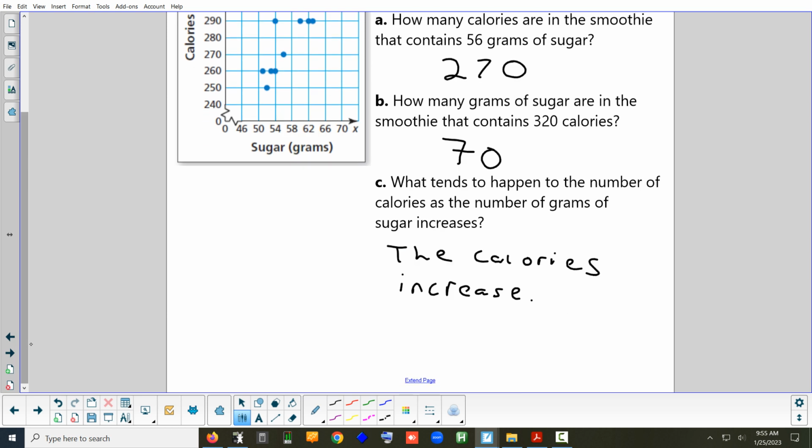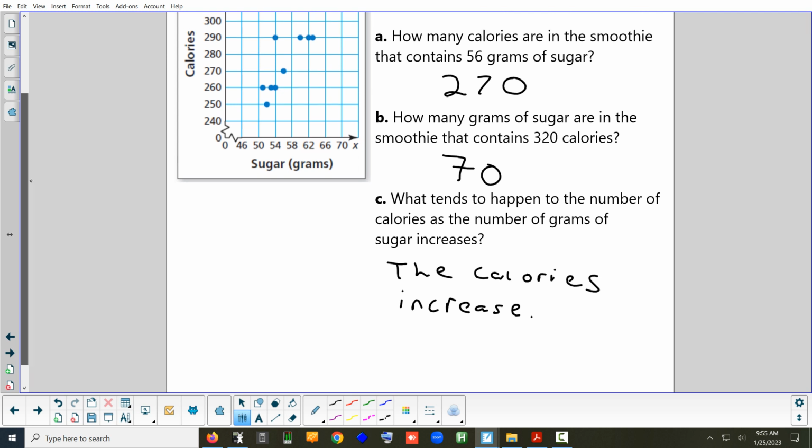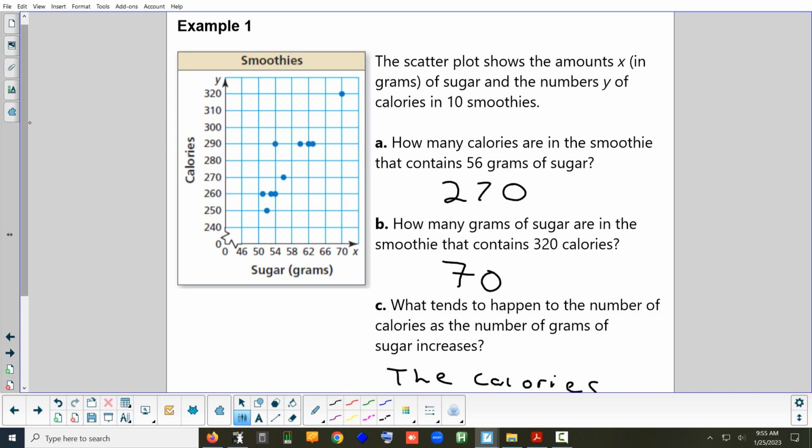So if your dots line up in a pretty straight line, then you can find a pattern like this. Any question why as the number of grams of sugar goes up, the number of calories goes up, based on this picture? Okay, so what that means is there is a connection here between how many grams of sugar and how many calories in the smoothie.